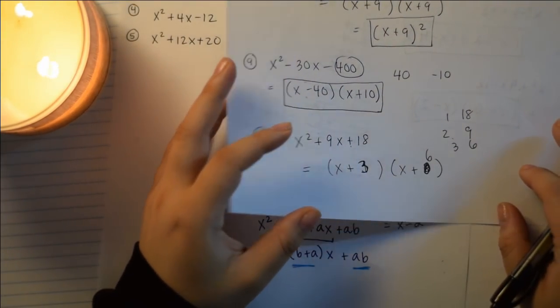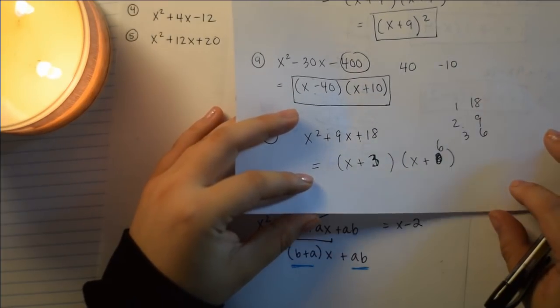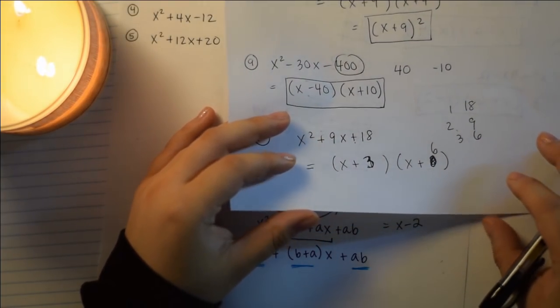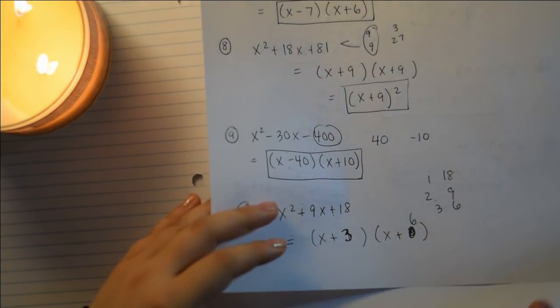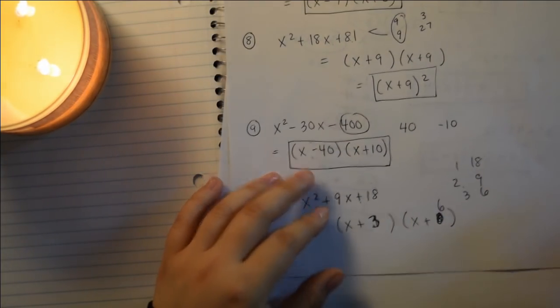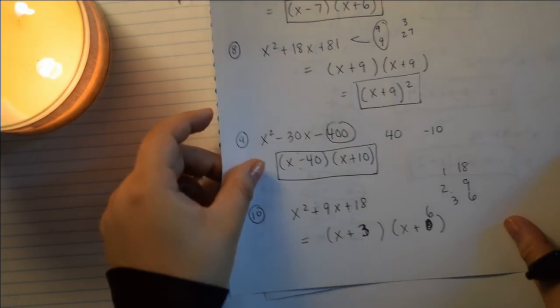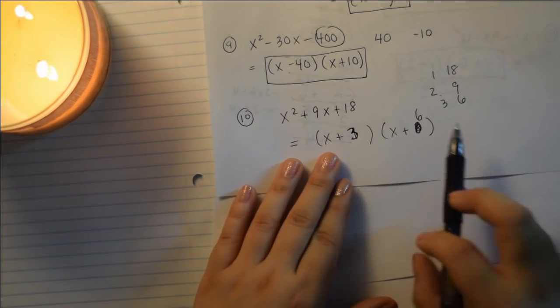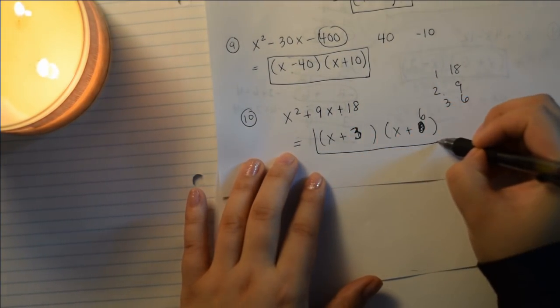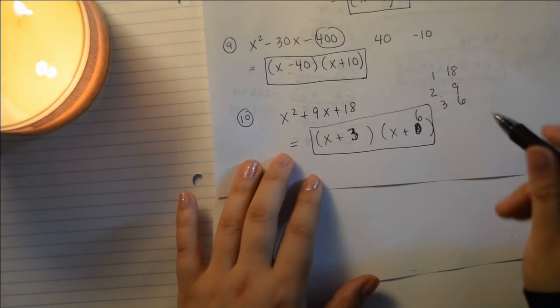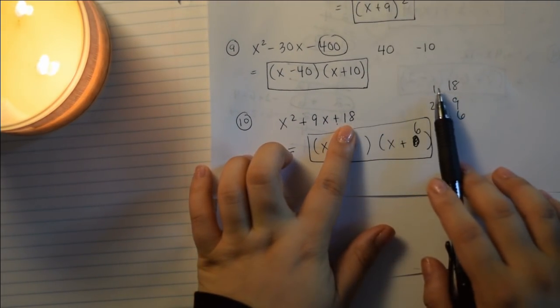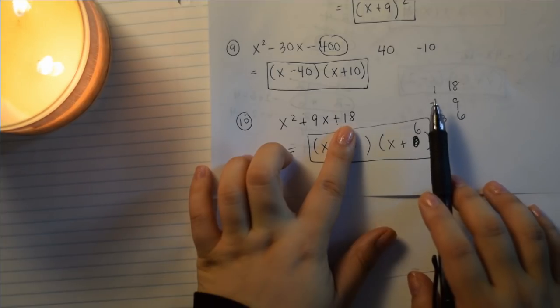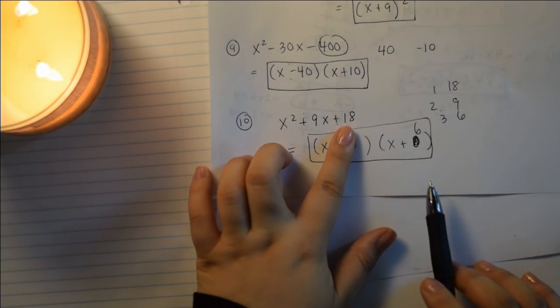So that last one got cut off there, and might as well because I was falling asleep and I kind of messed up anyway, because I wrote 8 and not 18, but it's x plus 3 and x plus 6, because the factors of 18 are 1 and 18, 2 and 9, and 3 and 6.